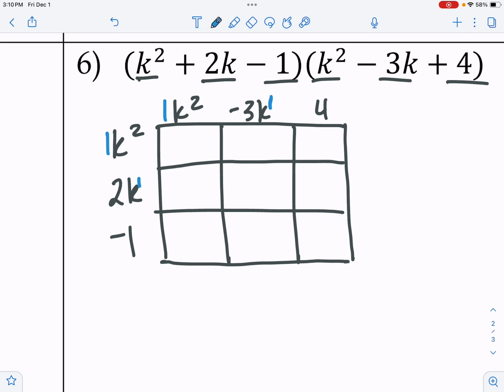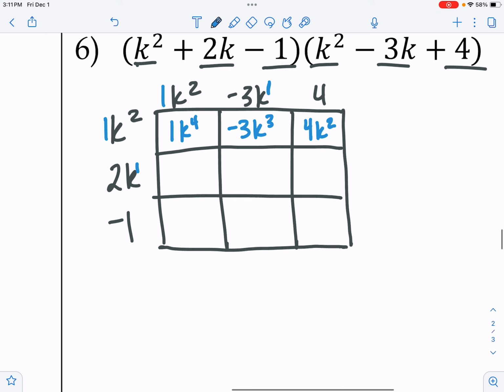So 1 times 1 is 1, k squared and k squared is k to the 4th. 1 times negative 3 is negative 3. K2 and k1 is k3. 4 times 1 is 4 with a k2. 2 times 1 is 2. K1 and k2 is k3. 2 times negative 3 is negative 6.